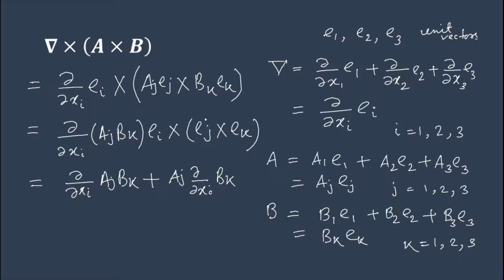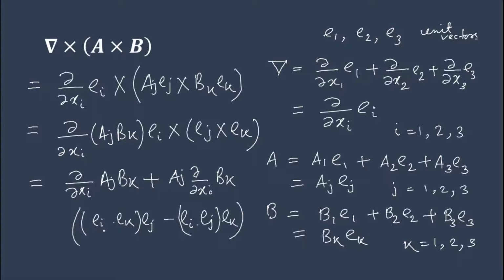Now we will apply the identity: ei dot ek ej minus ei dot ej ek.